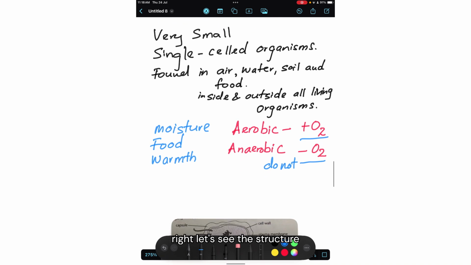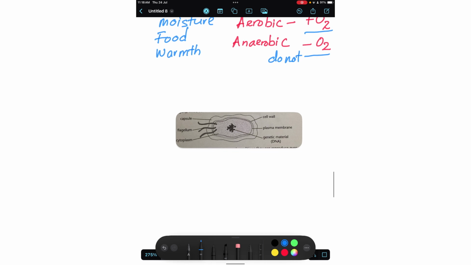Right, let's see the structure of the bacteria. What are the things they have? Now you can see the main component is the cell wall. Bacteria have a cell wall.